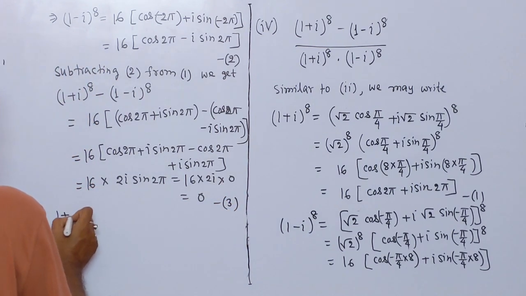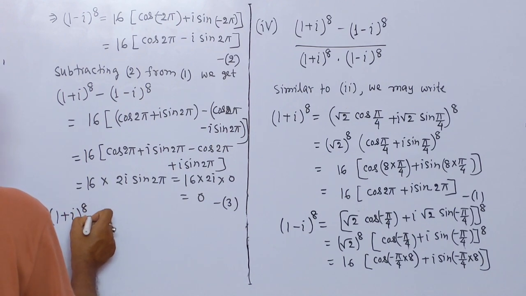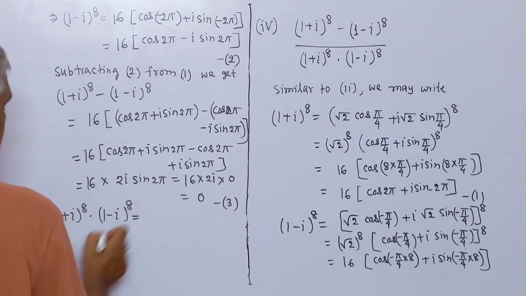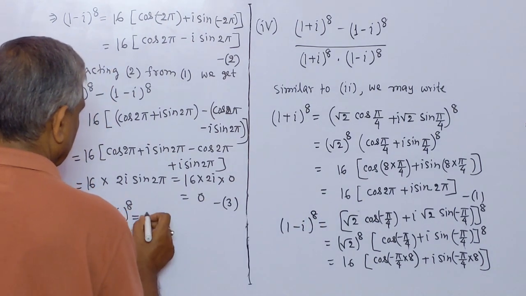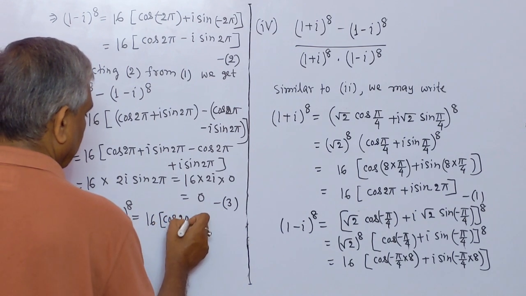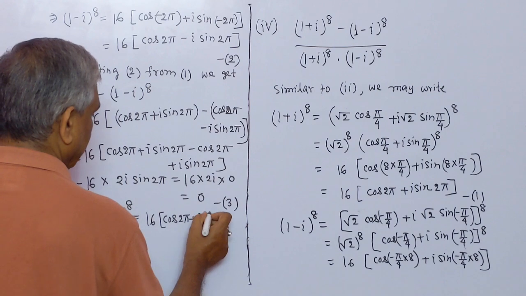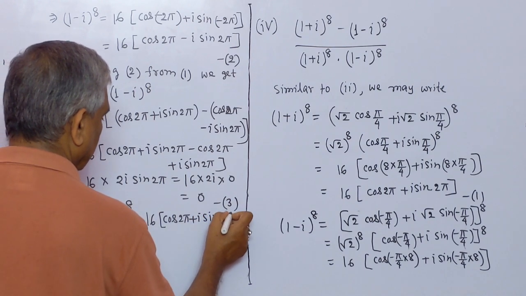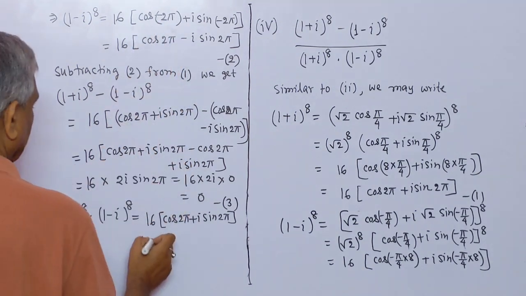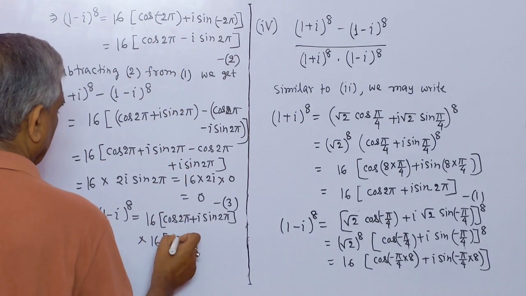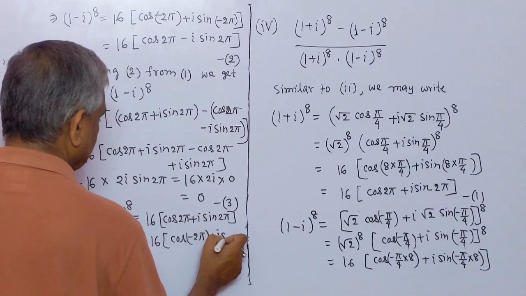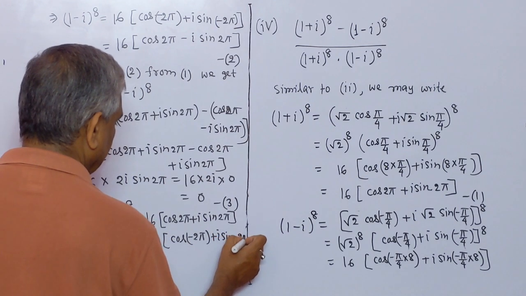Now 1 plus I to the power 8 multiplied by 1 minus I to the power 8 equal to 16 cos 2 pi plus I sin 2 pi multiplied by 16 cos minus 2 pi plus I sin minus 2 pi.